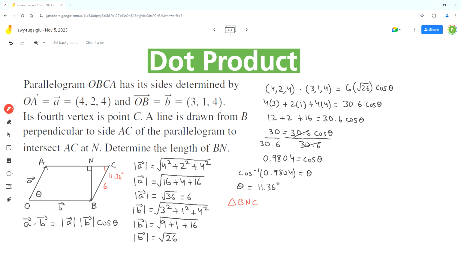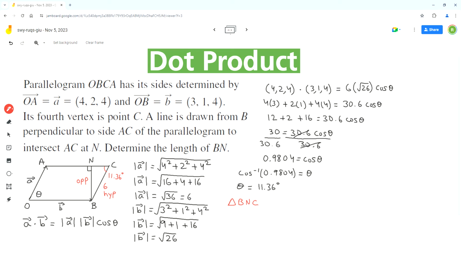Now we can use SOHCAHTOA to find the length of BN. We can use the sine ratio because BN is opposite to the 11.36 degrees angle and 6 is the hypotenuse.